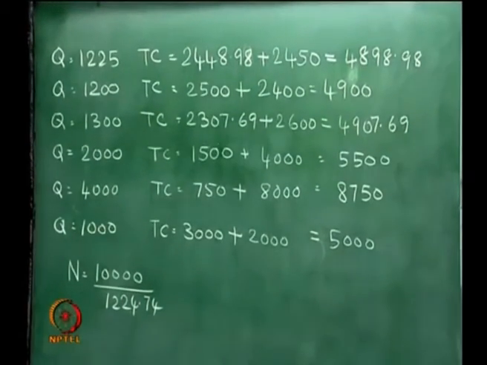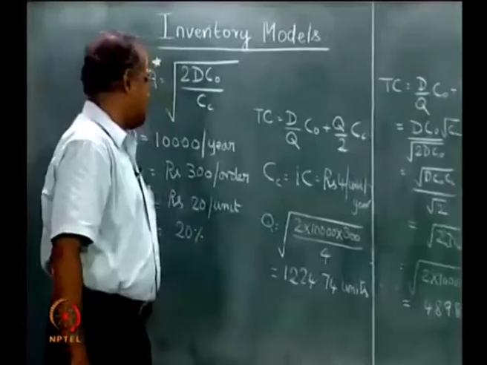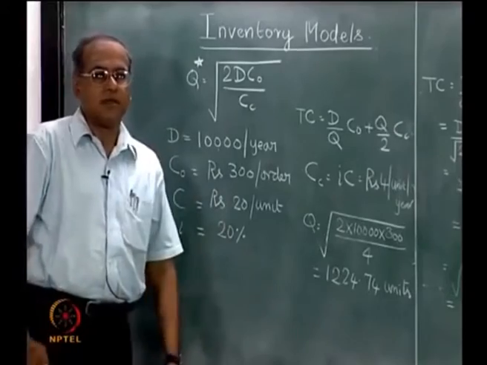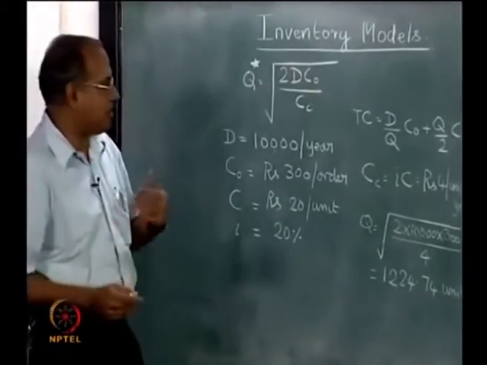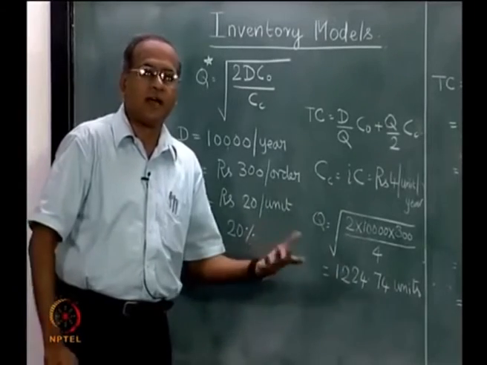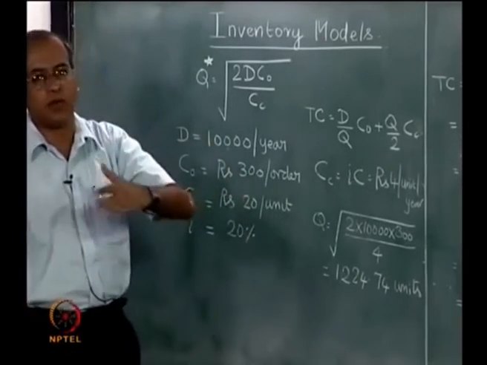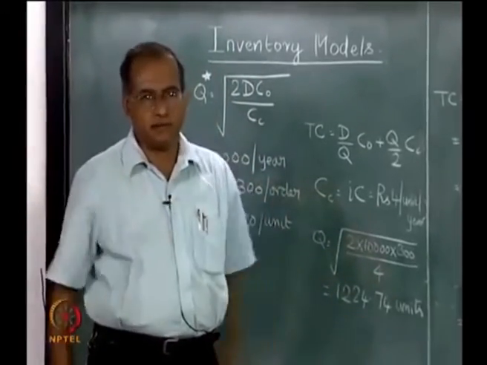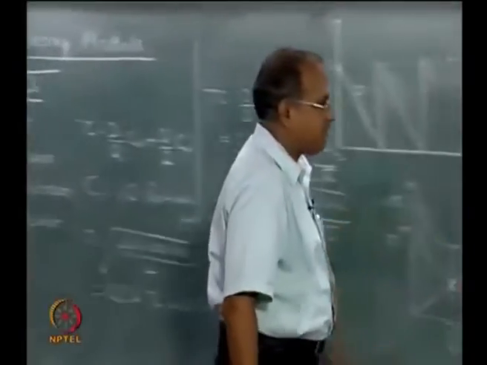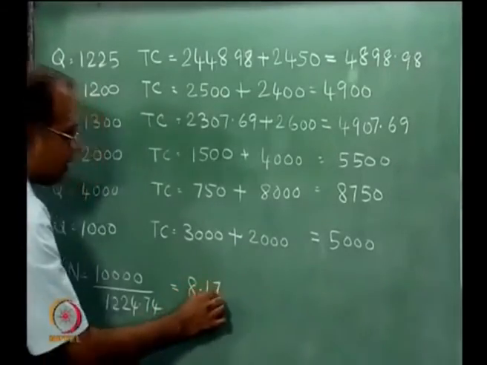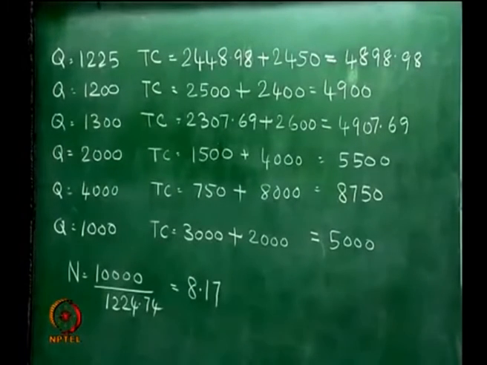This 10,000 is the annual demand which is shown here. Every time I place an order, I order for 1224.74. Therefore, I have 10,000 divided by 1224.74 orders per year. Now this on simplification would give us something like 8.17 orders per year.